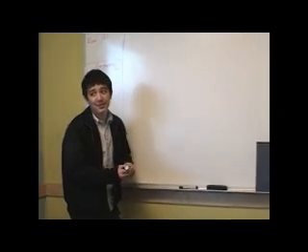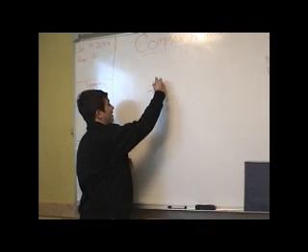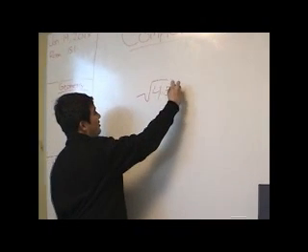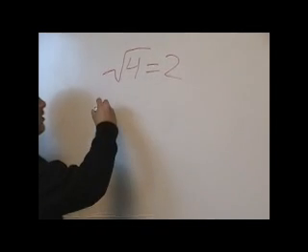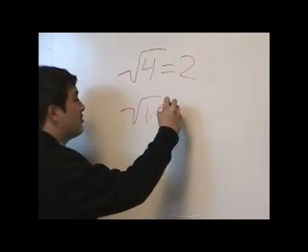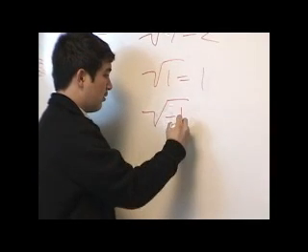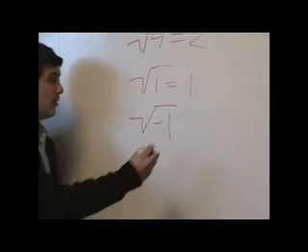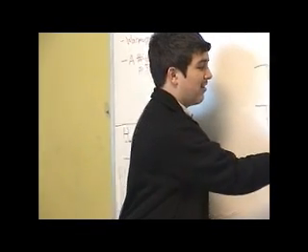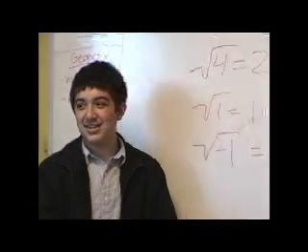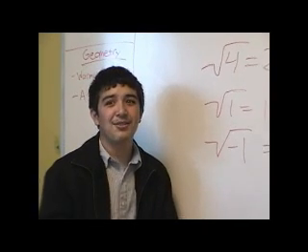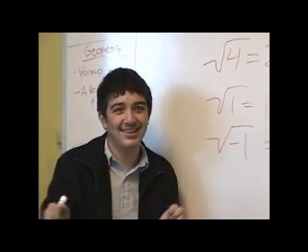So, we've already worked with square roots in this class. Like the square root of 4 equals 2. And even simpler, the square root of 1 equals 1. But what happens when we get this? Maybe so, but we can do it through imagination.